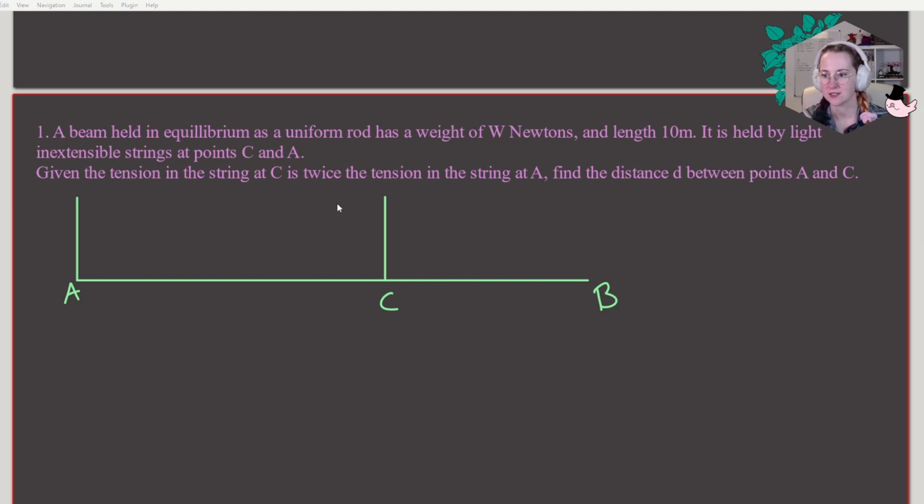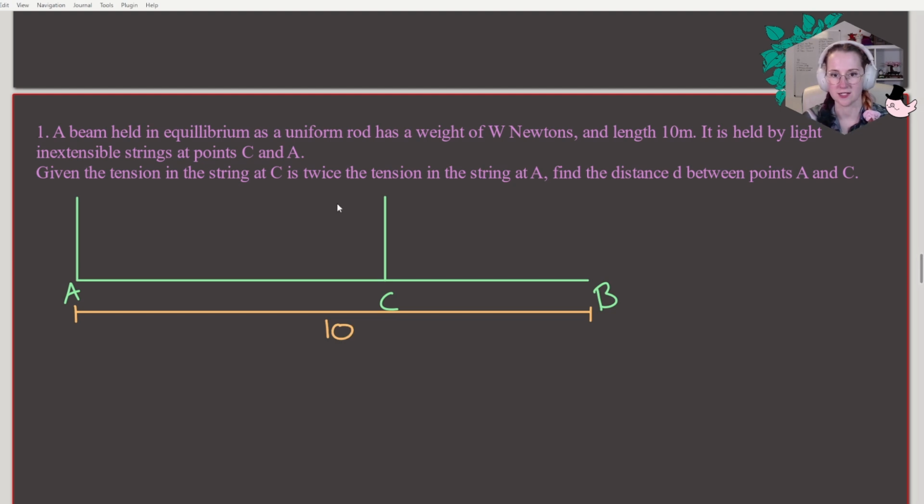We're asked to find, so let's put some things in. We have the total length of this beam, 10 meters.